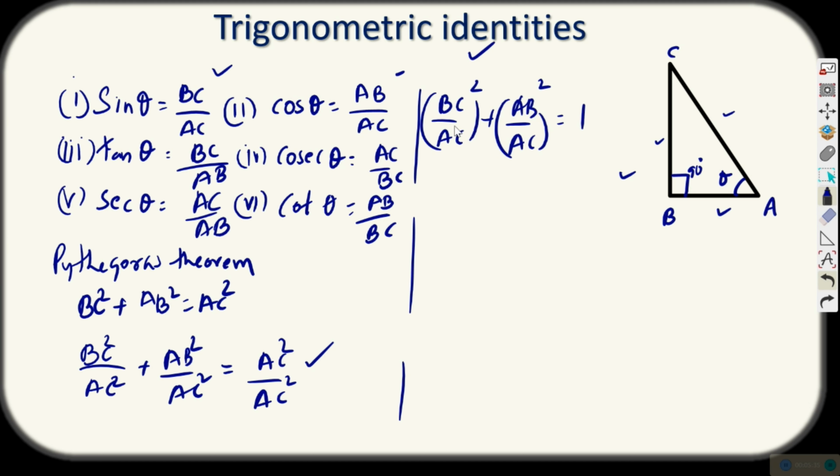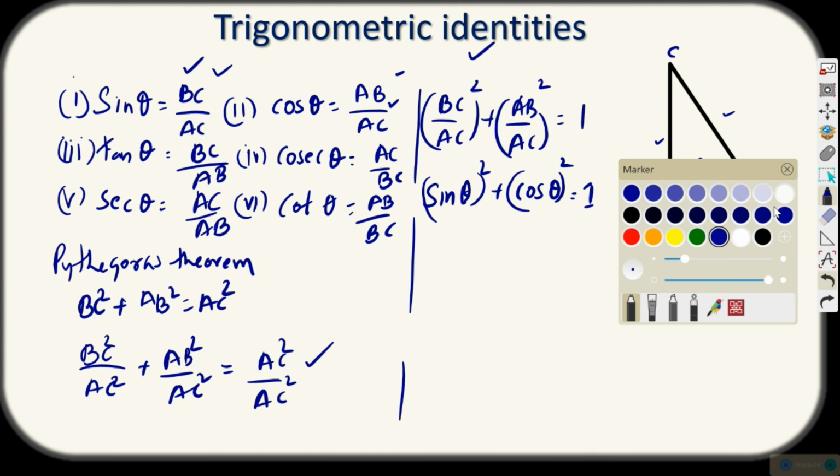When I look at BC upon AC and AB upon AC, I see this naturally, so why can't I write it as sine theta whole square plus cos theta whole square is equal to 1? So this is a new identity we got.